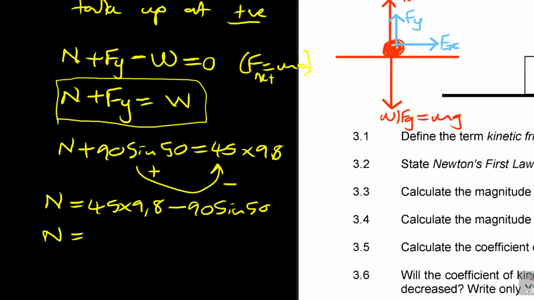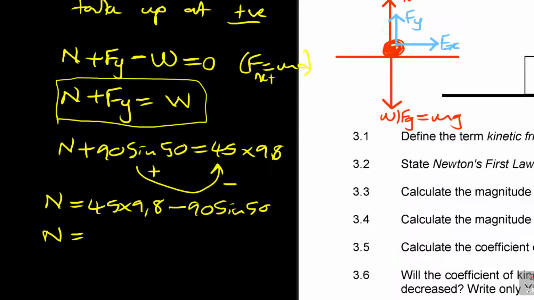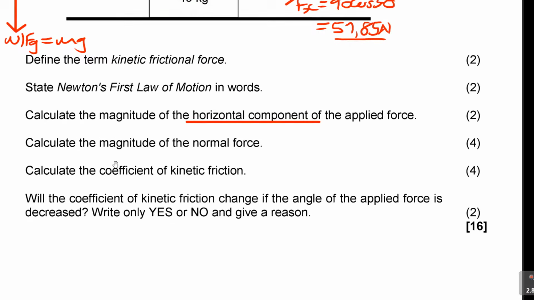The normal force at that stage will be 45 times 9.8 minus 90 sine 50. Am I right? Equal to 372.056. Round off, shift, setup, 6 is fixed to 2 decimal places, 2, which is 372.06. So it's 372.06 newtons. That's the normal force. Then you get the 4 marks there.